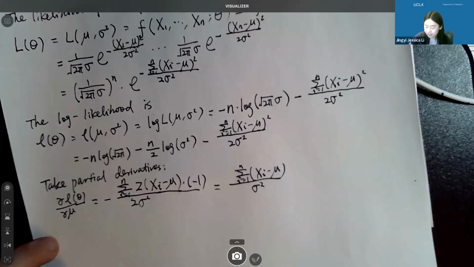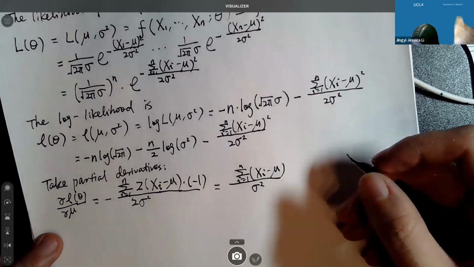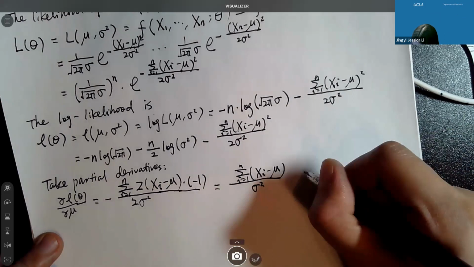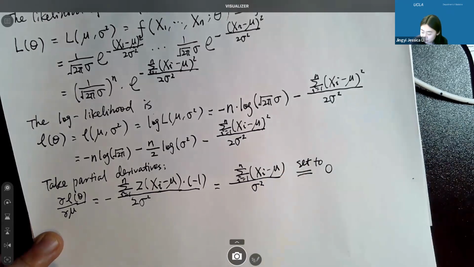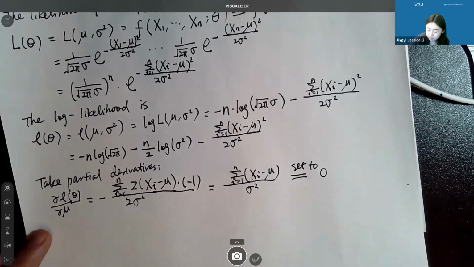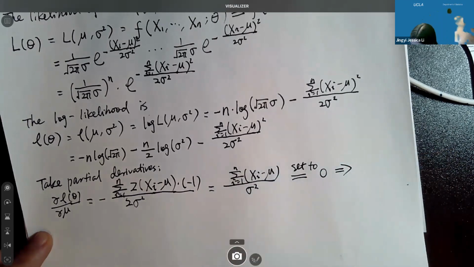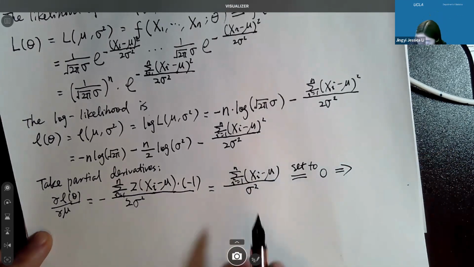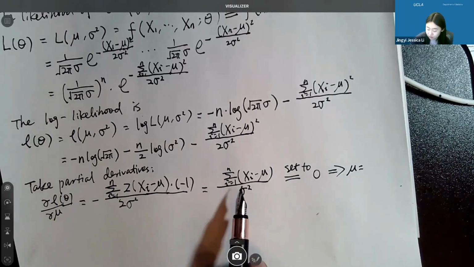And if I set this to 0, this is what I want. Then because the denominator doesn't matter, I can get mu by setting the numerator to 0.